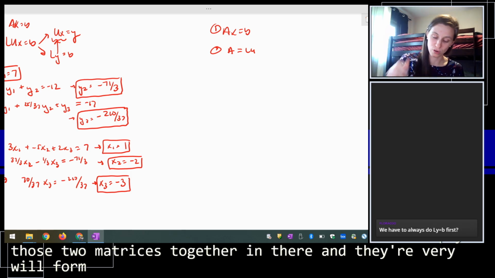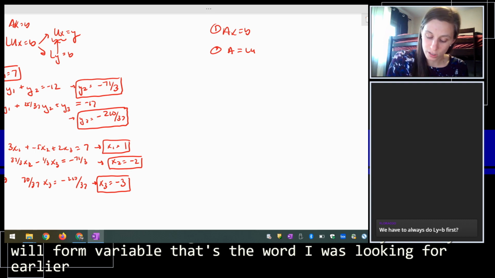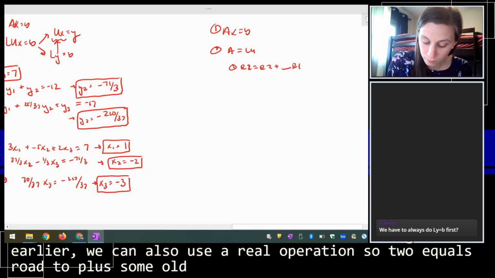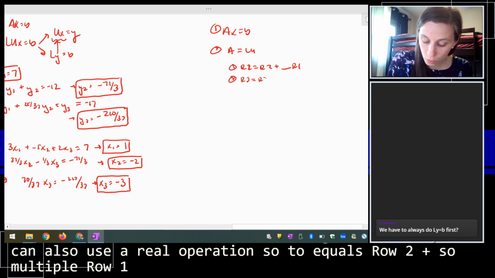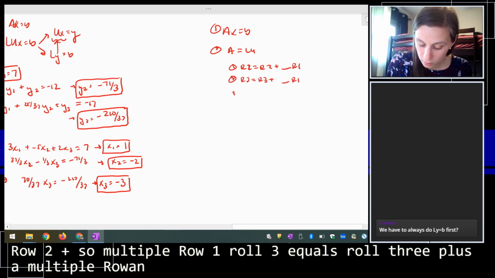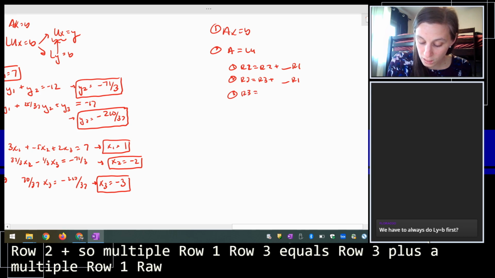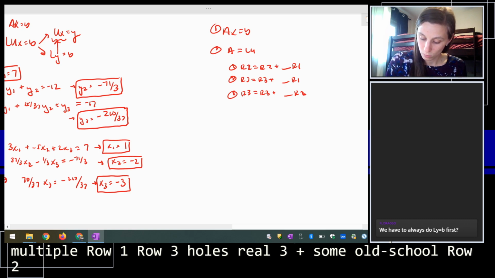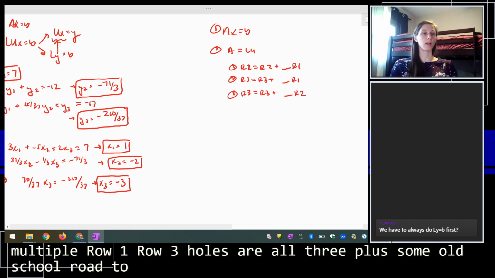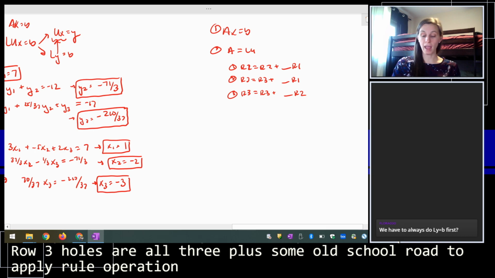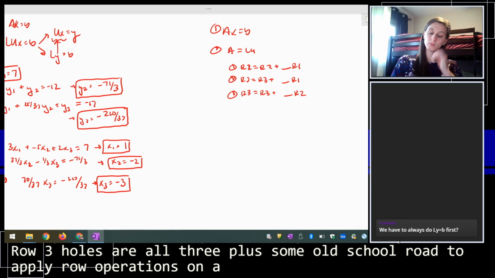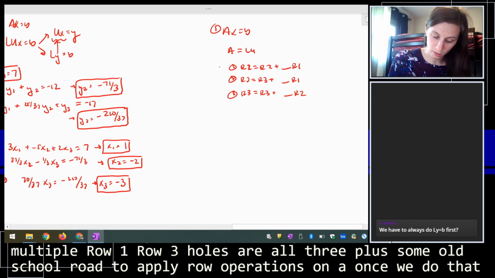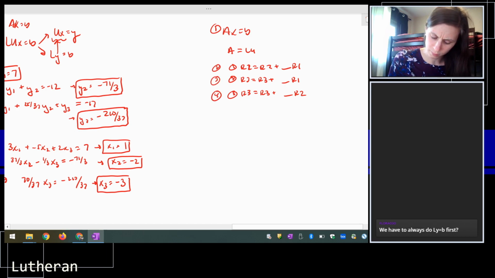But we can also use our row operations: row 2 equals row 2 plus some multiple of row 1, row 3 equals row 3 plus some multiple of row 1, row 3 equals row 3 plus some multiple of row 2. Apply our row operations on A. Technically it's steps 2, 3, 4.